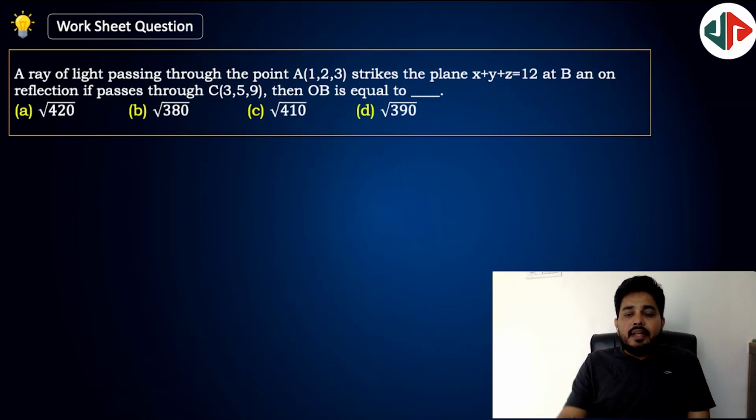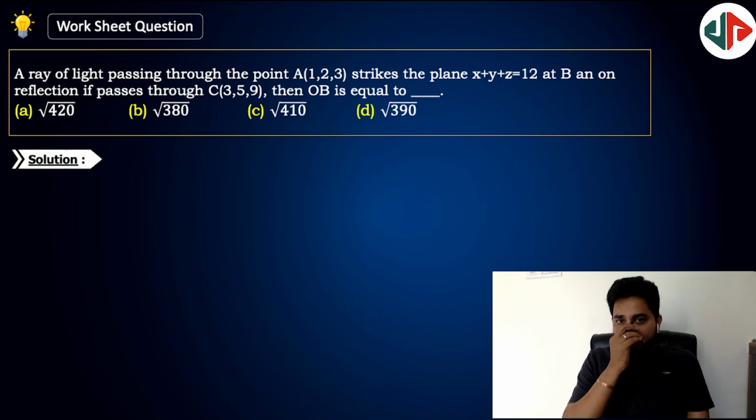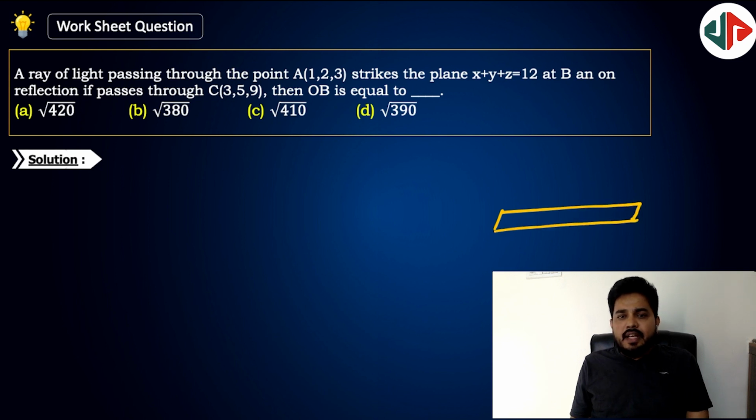A ray of light passes through the point (1, 2, 3) and strikes the plane. So the plane is here, and a line from (1, 2, 3) hits this plane at B. Now the reflection passes through C. So where is this point?